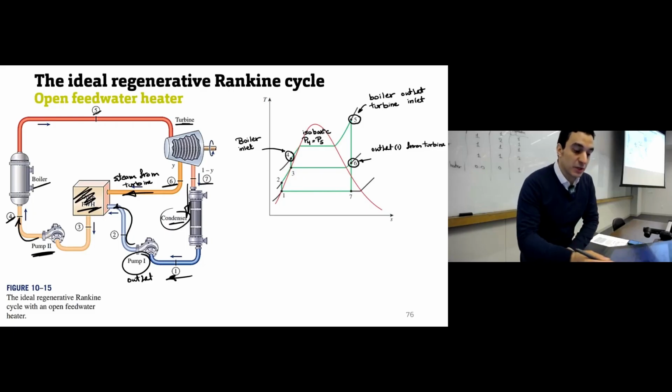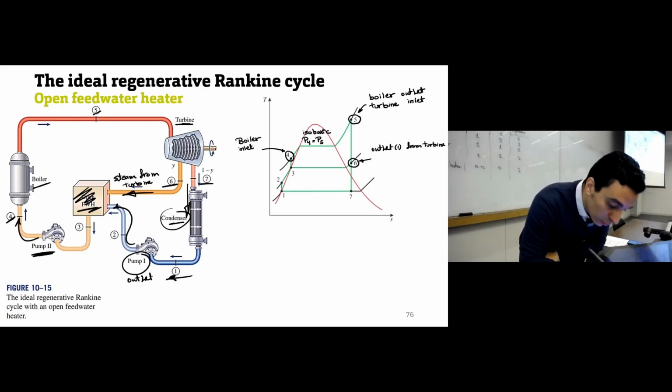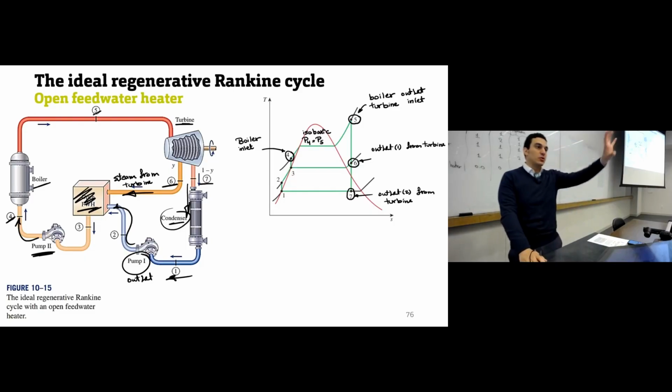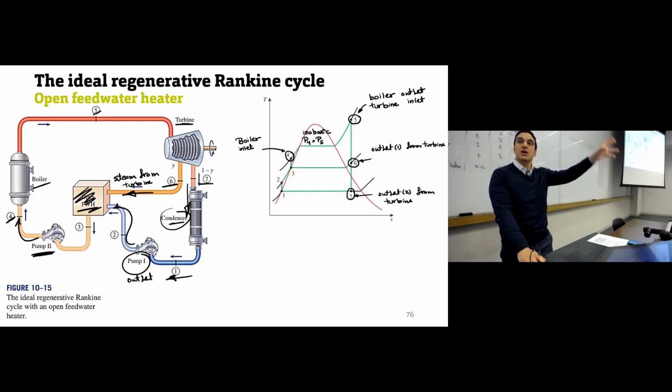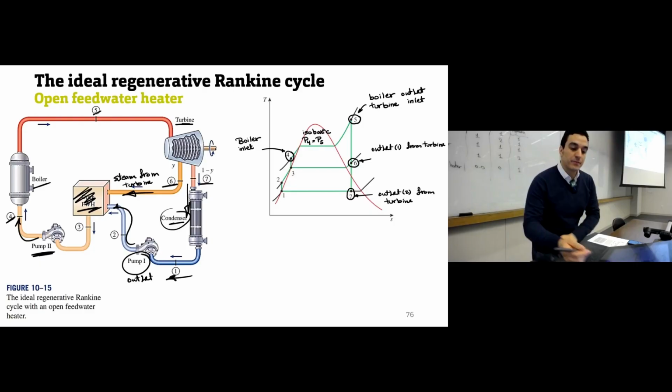We have the other stream that will exit the turbine at point number 7, outlet 2 from turbine. We have 2 outlets from the turbine. So one at the condition represented by point 6, another one at point 7.